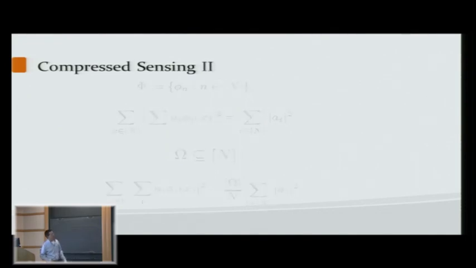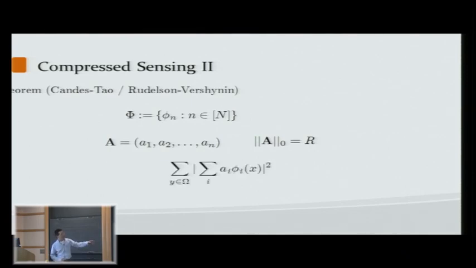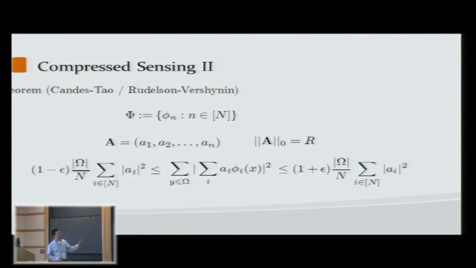And so there's a very nice theorem of Candès–Tao and Rudelson–Vershynin that says that if I take an orthonormal system on a set of size n, and I look at coefficients whose support, so I use a_0 to mean the support of a, is size r, then this quantity, where I sum only over the elements in some omega, is actually upper and lower bounded by what I would expect, as long as omega is bigger than r times log to the 4th over epsilon squared.